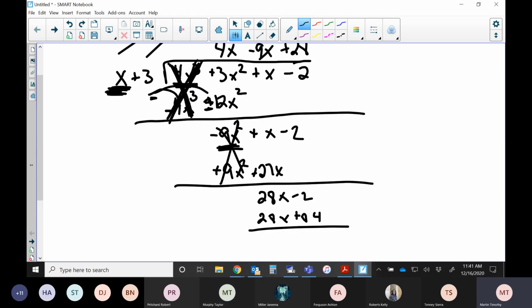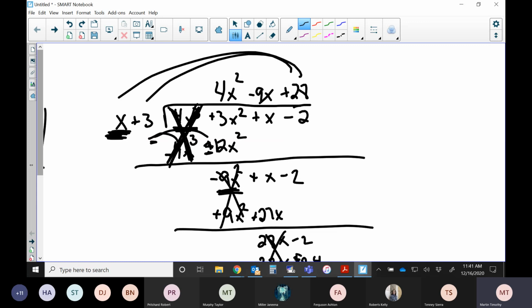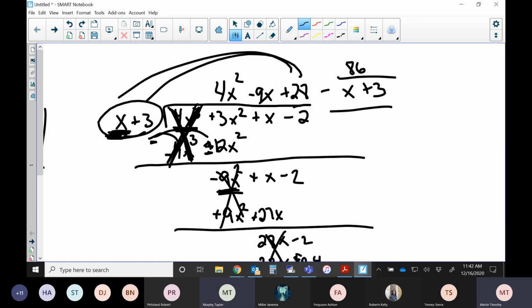And then change the signs. Negative 86 is my remainder. What do I do with the remainder? I put it in the top, up in the numerator, and I divide it by what I was dividing by. There's my final answer. Okay, thank you so much.